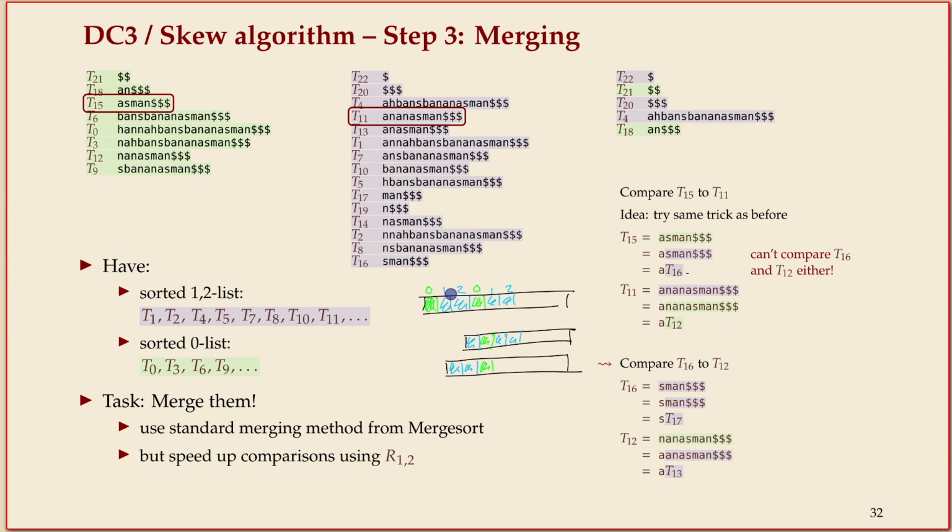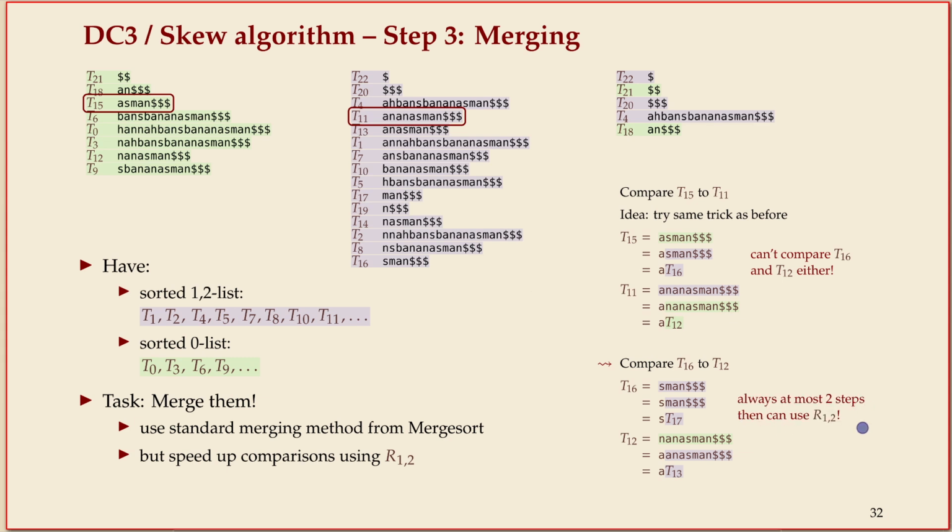So the outcome here is that I can use R12 to resolve any comparison after checking 1 or 2 characters up front. And so I can do every comparison in constant time. So maybe let me spell that out.